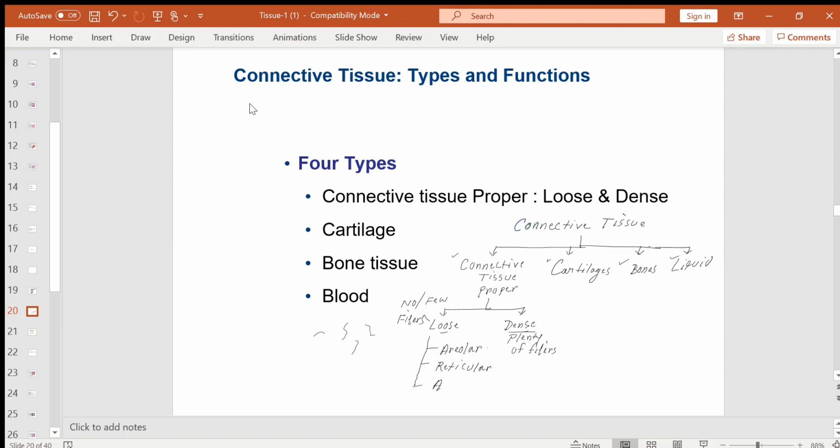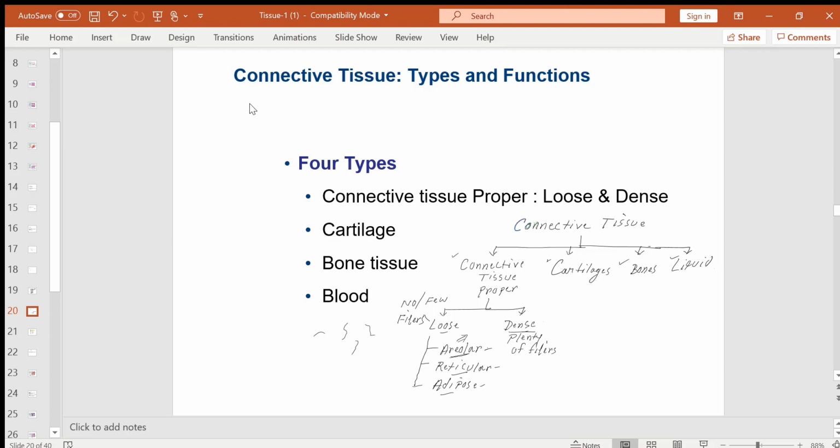In areolar, you have two types of fibers: collagen and elastic. You remember there are three types of connective tissue fibers I mentioned in the last slide. So two of those three are present in areolar. In reticular, you have reticular type fibers, and adipose has no fibers. So these are three types of loose connective tissue proper.